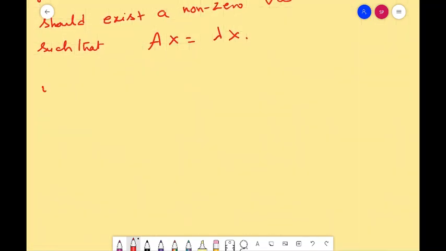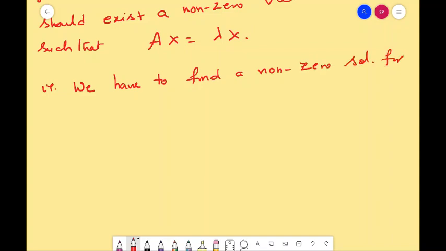That is, we have to find a non-zero solution for Ax minus lambda x is equal to 0, if it exists. If that exists, then you will say it is an eigenvalue. If it doesn't exist, then you will say it is not an eigenvalue.